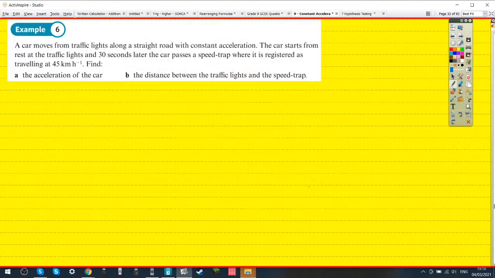Let's see, a car moves from traffic lights in a straight line with constant acceleration. What is u for this one? Okay.